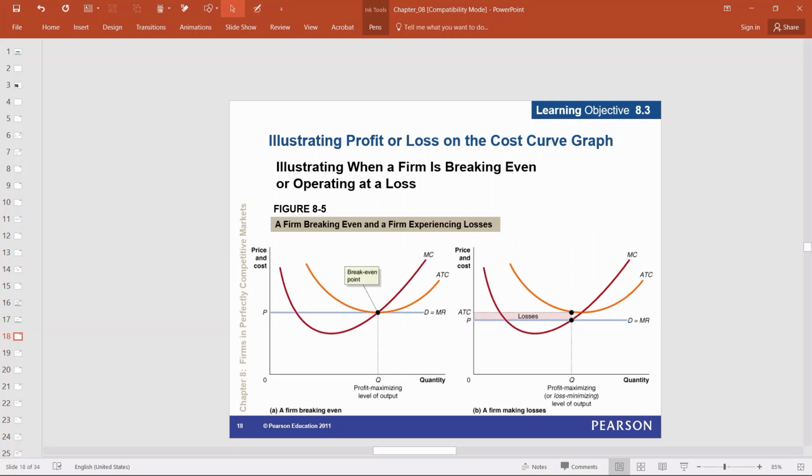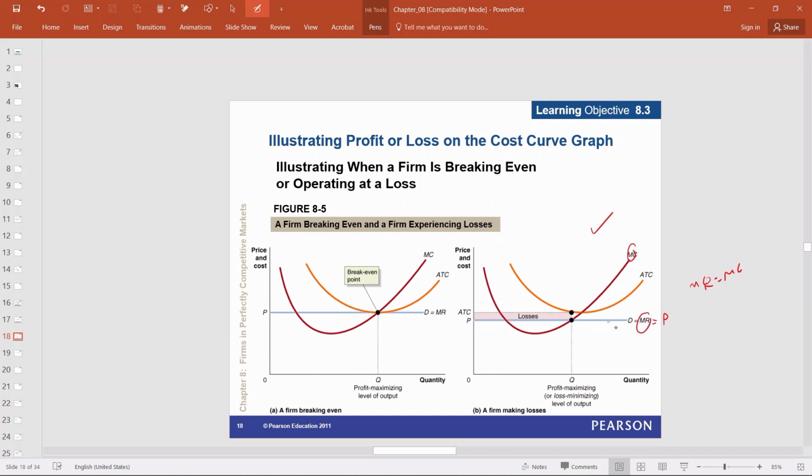Again, for this firm, you will see that this is marginal revenue equals demand equals the price because this is the perfectly competitive market. So we need to look at where marginal revenue equals marginal cost. They intersect here. This is marginal cost, and this is marginal revenue.